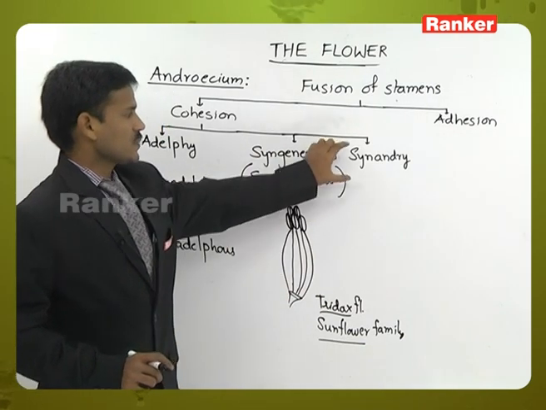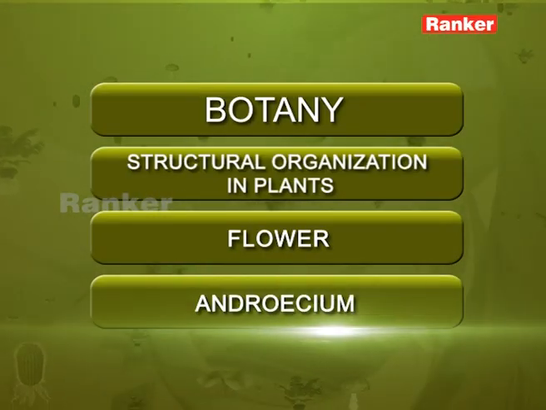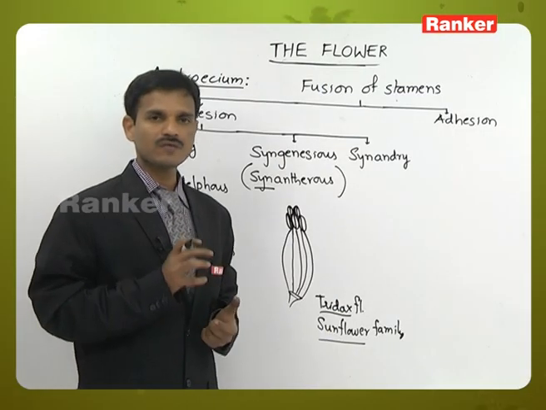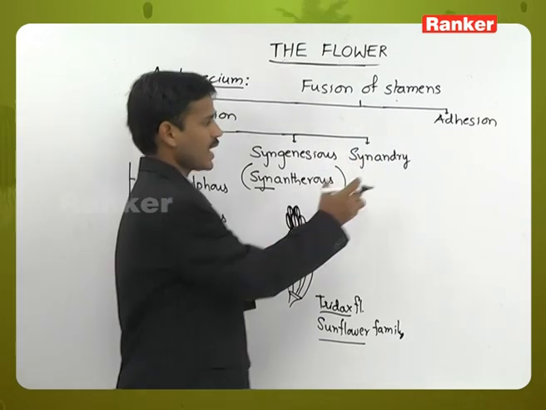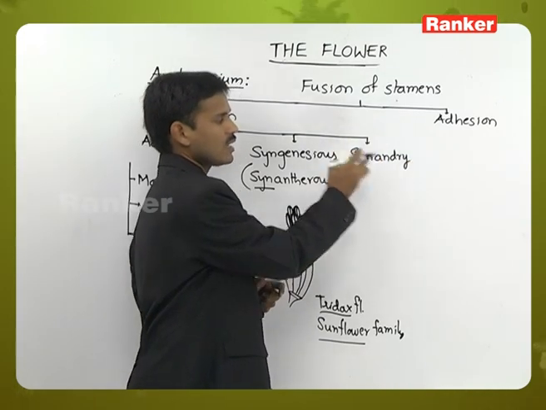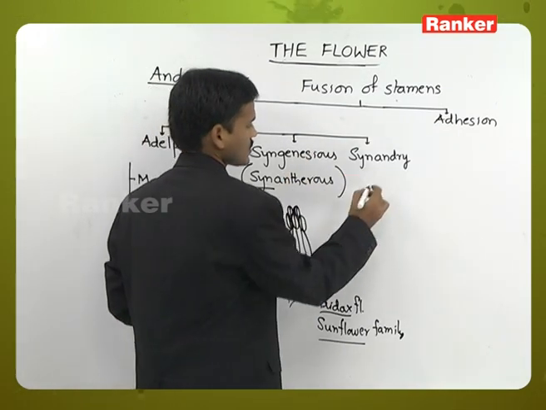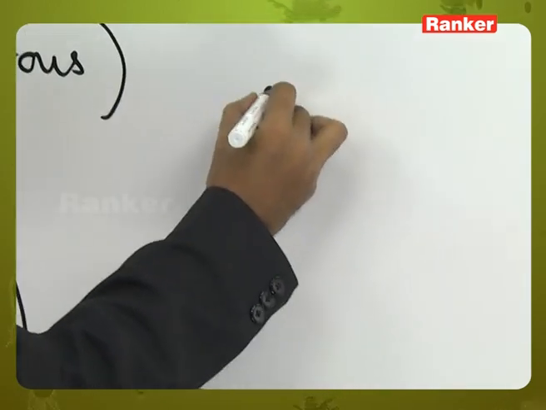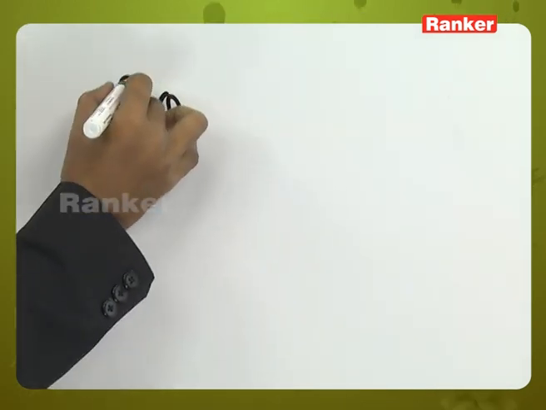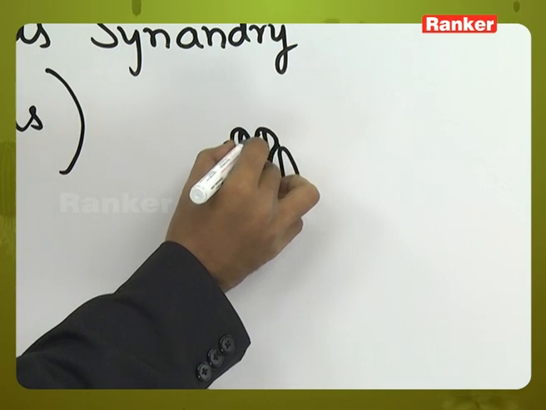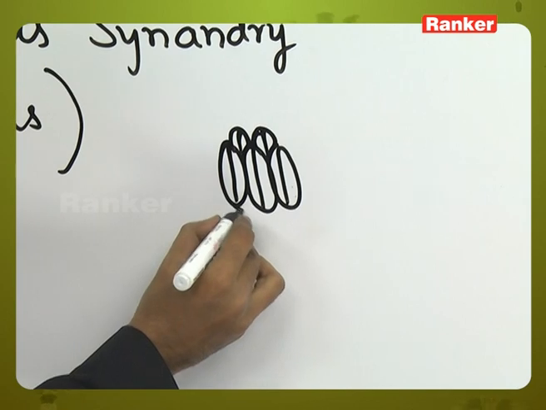Next, the third type of cohesion is synandry. Synandry means anthers and filaments both are fused. If both are fused, it is called synandry. Syn means complete fusion. Within the androecium, all the stamens are fused. Synandry is observed in Cucurbitaceae family members. Here the five anthers are fused, and the filaments are also fused.